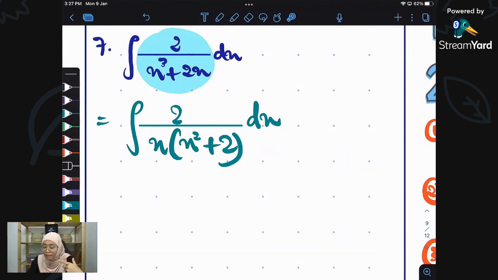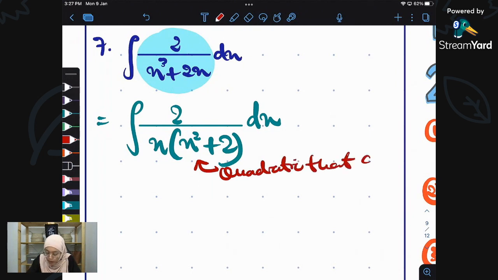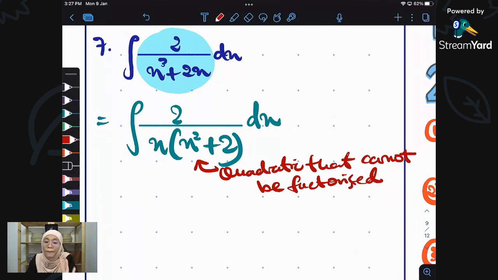Adakah boleh? No, you will see that this is a quadratic that cannot be factorized. So this is case number 3. This is partial fraction case number 3. So if you forgot, again, go watch the video of last semester.